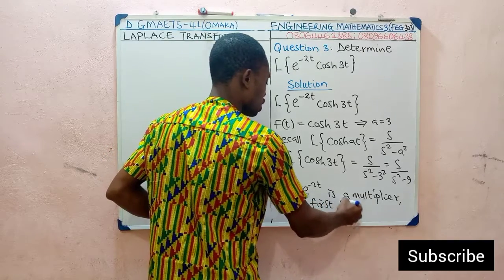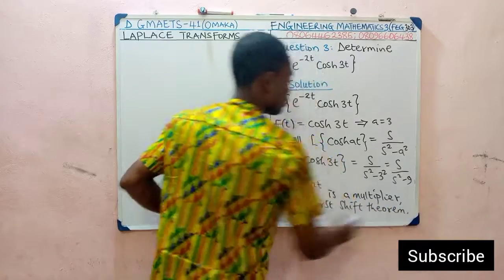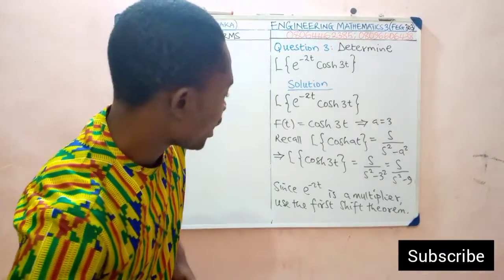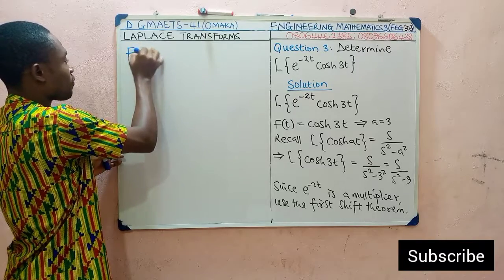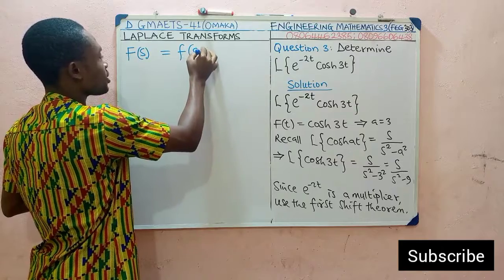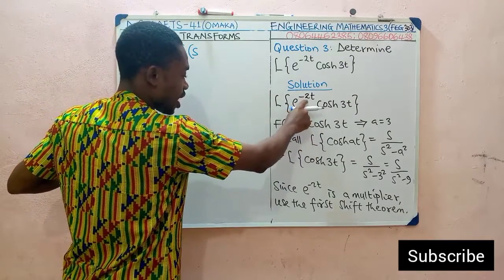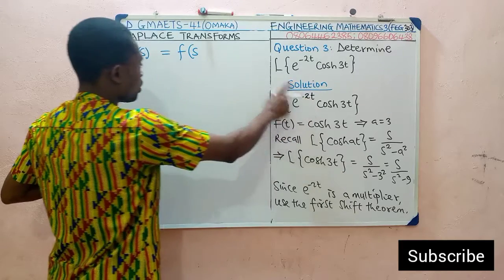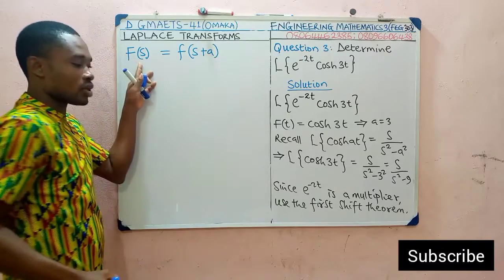The first shift theorem. And what is the first shift theorem about? Okay? Let me use this blue marker. F of s will now be equal to f of s plus or minus a, as the case might be. But take note that in this case, exponential minus 2t, this is minus. So we're going to put f of s plus a into our solution.